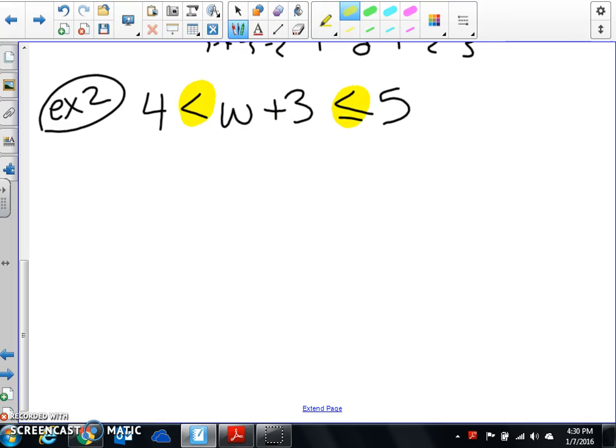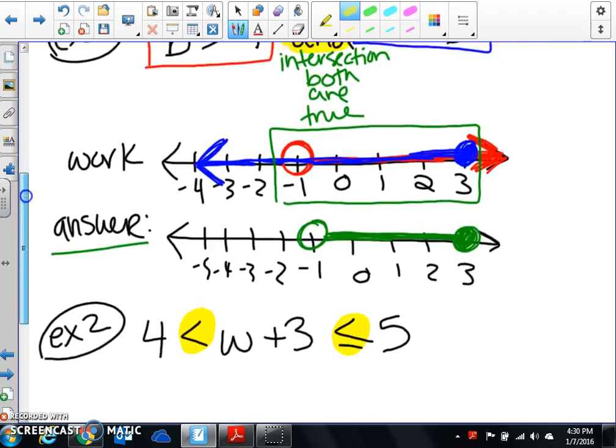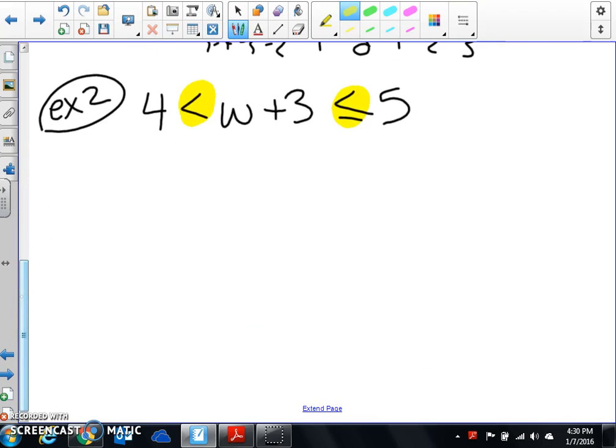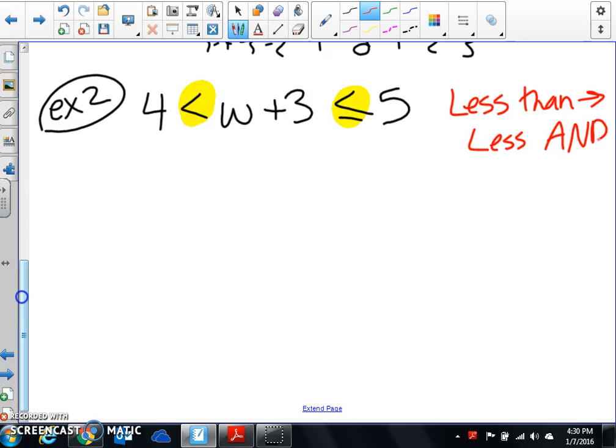If they don't physically put the word "and," less than sounds like less and. So and, less than, less and. So if you see those less than signs, it is an "and." So we know this is going to be an intersection.